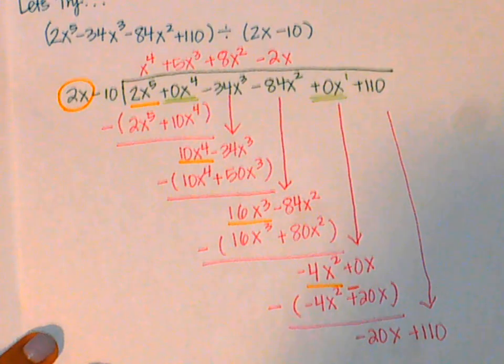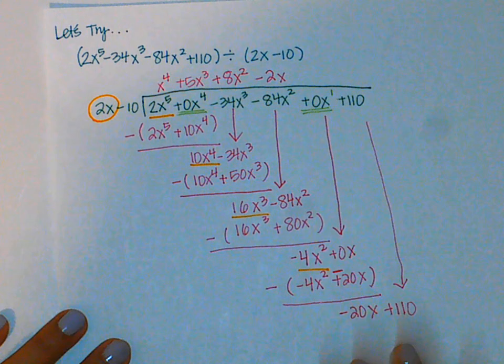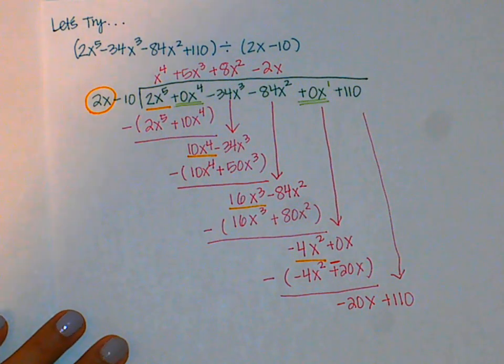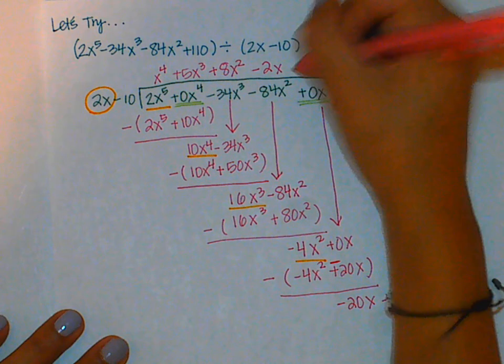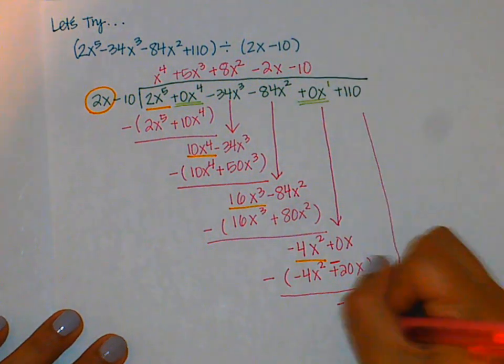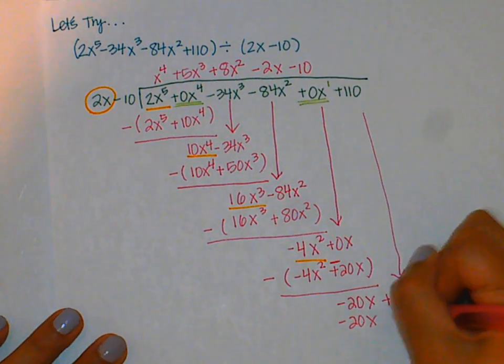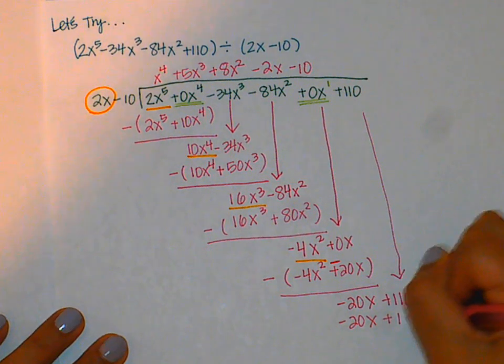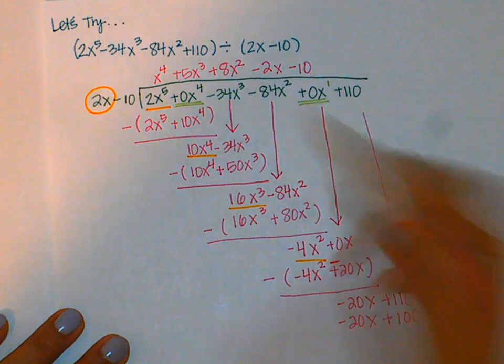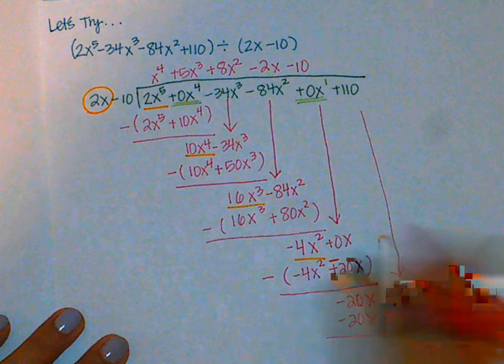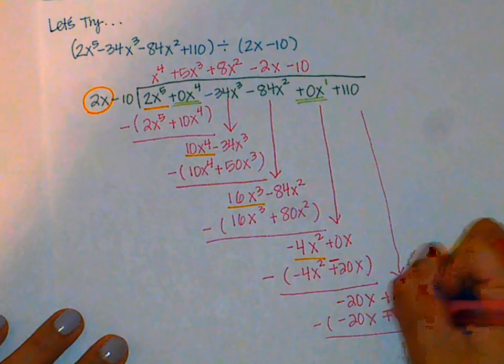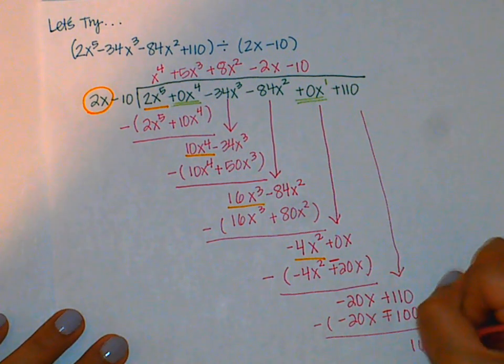Let me zoom out for a second. I know this is getting pretty long, but it was important for me to show you the placeholders. So then minus 10, negative 20x plus 100, because a negative times a negative, which would actually be a negative, so now I have a 10.